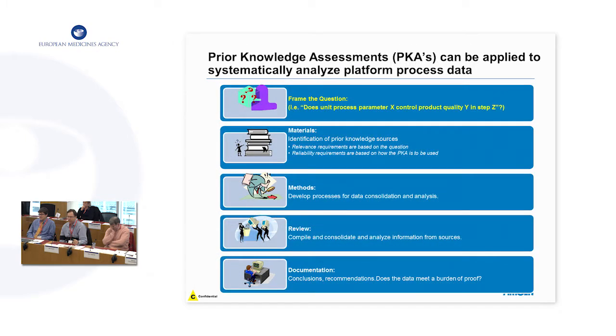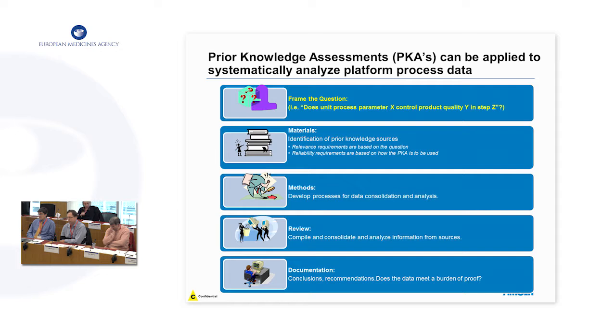So one of the things we've been doing is formal prior knowledge assessments, and these are almost like experiments based on our platform data where we ask a specific question, does this parameter impact this output for this unit operation, and we'll ask that for a number of different things. And the materials for this are the prior knowledge sources, and we'll look at the relevance of it relative to the quality of the studies, relative to the similarity of product and processes.